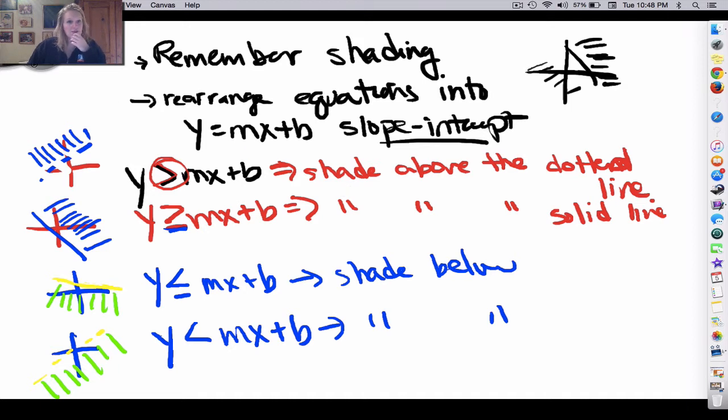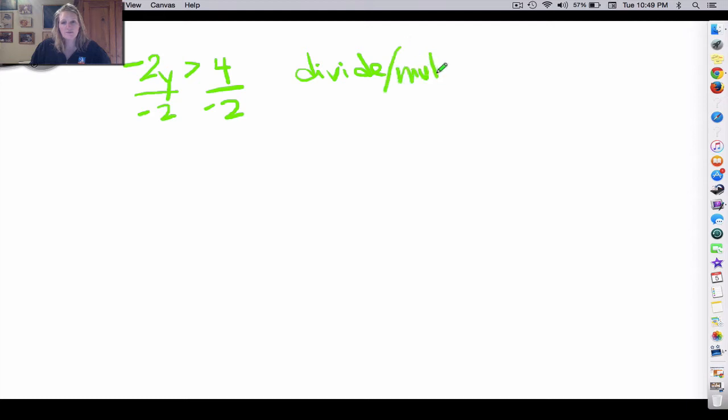Also, another thing that I would love to remind you about is that for a dotted line, any point on the line is not a solution, we said. And then also, please remember that when you are, let's say it's negative 2y is greater than, I don't know, 4, right? If you have to divide by a negative to simplify, anytime you divide or multiply by a negative, what do you have to do?